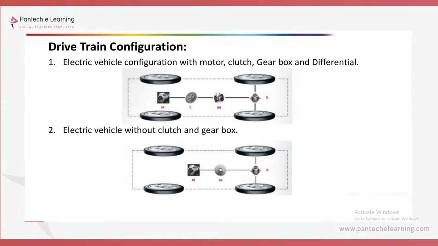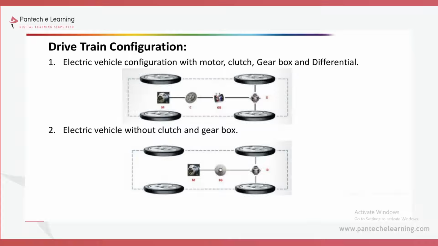Next, drivetrain configuration. Drivetrain configuration is how we connect the components: motor, clutch, gearbox and differential. The common connection is motor to clutch plate, to gearbox, to drivetrain, to wheel while driving the vehicle.